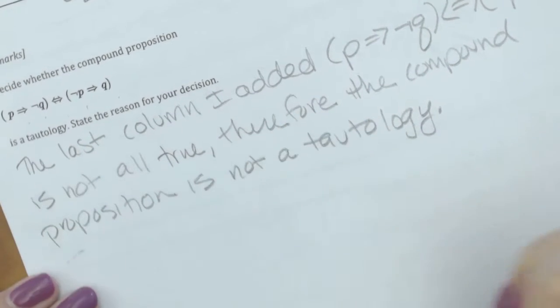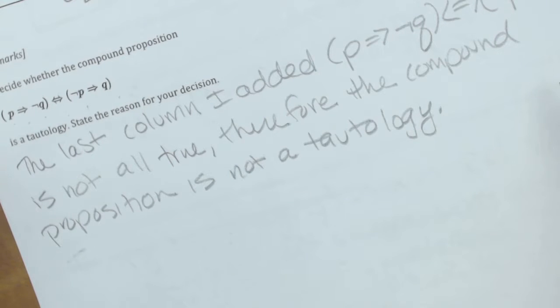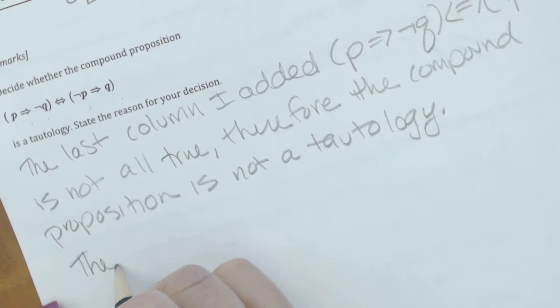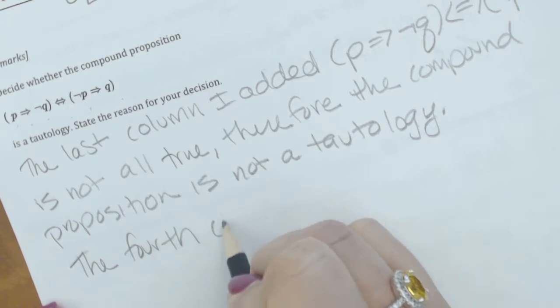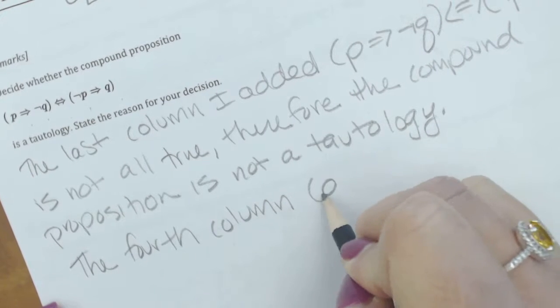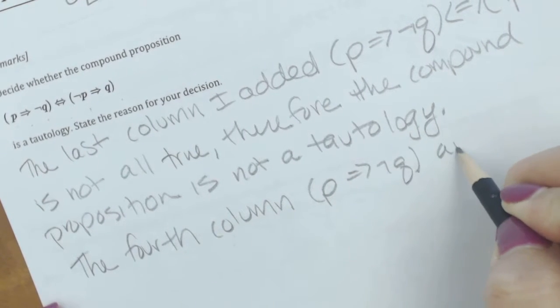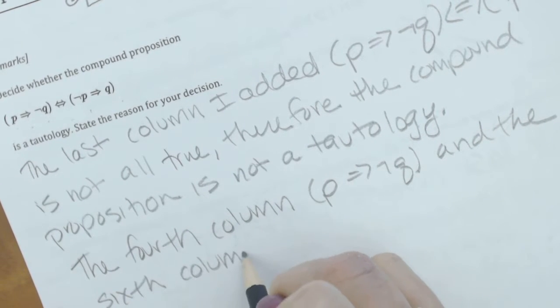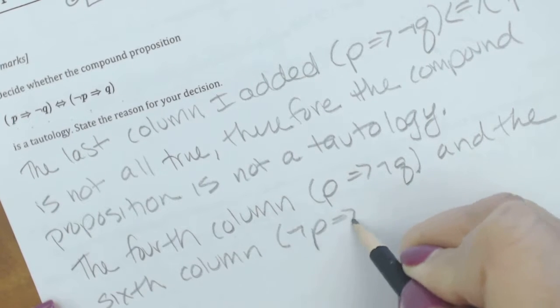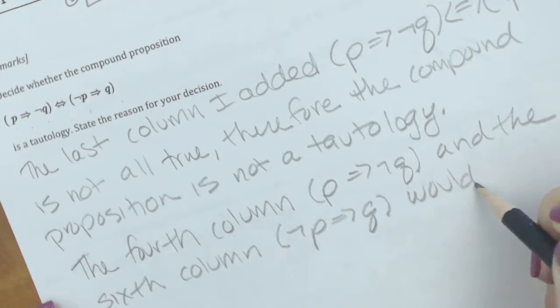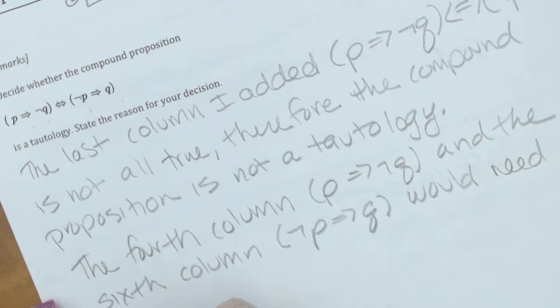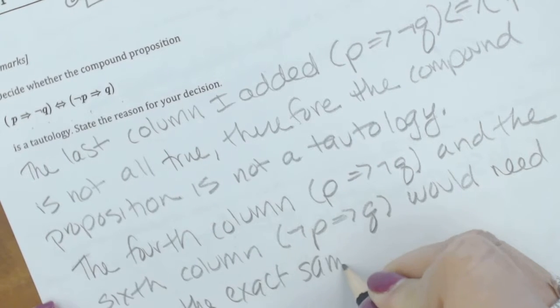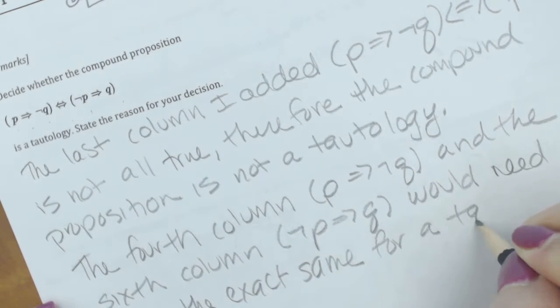So that's the original statement. We've been saying that our last columns are not all true. Let's go further with our reasoning, and let's say the fourth column, which was the if P then not Q, and the sixth column, which was if not P then Q, would need to be the exact same for a tautology.